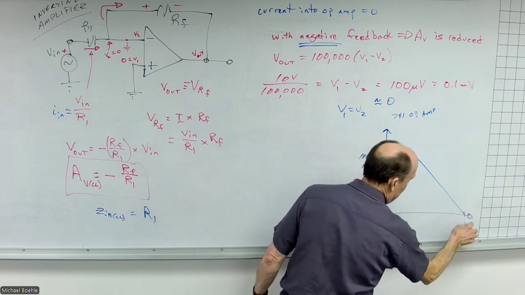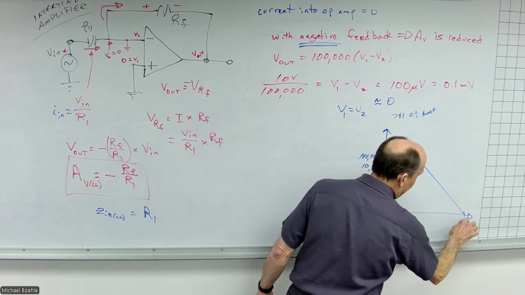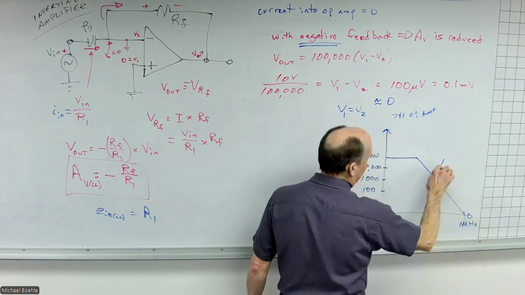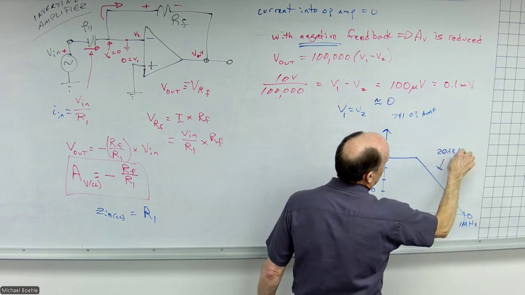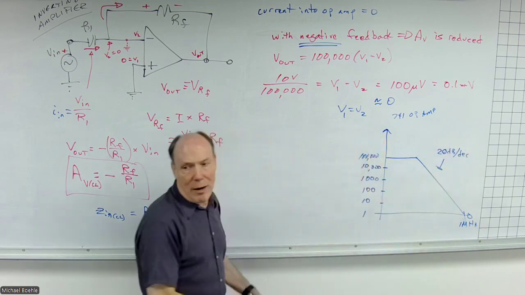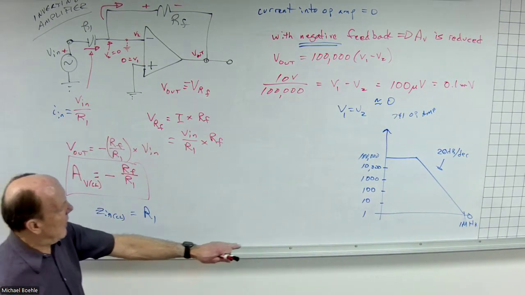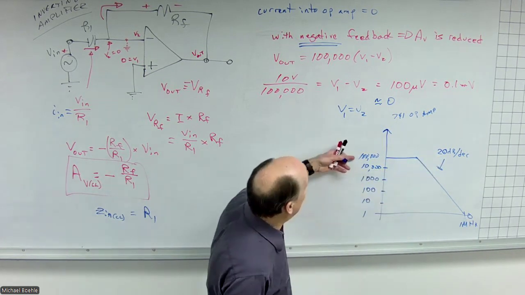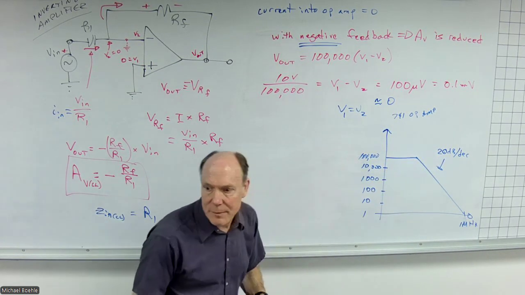For the op amp, this is 1 megahertz. 20 dB per decade. Even though I have 20 dB, each time I change by a factor of 10, that is 20 dB.